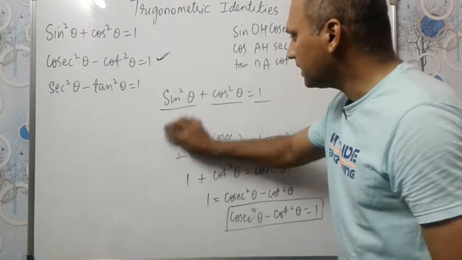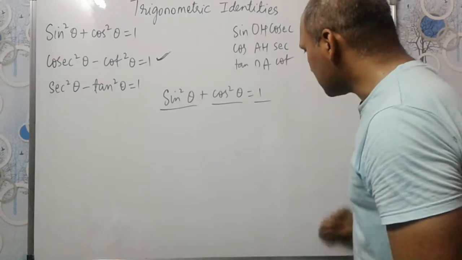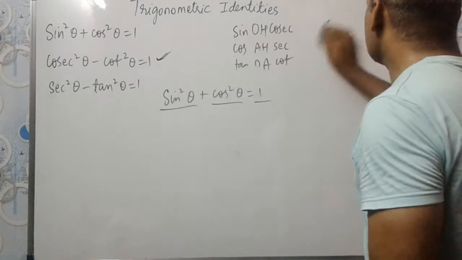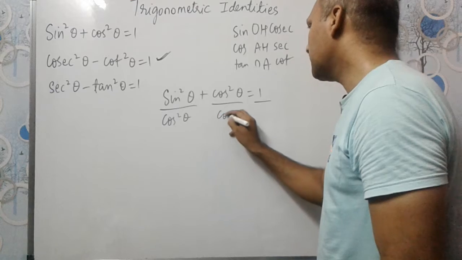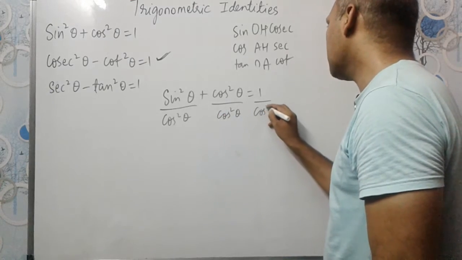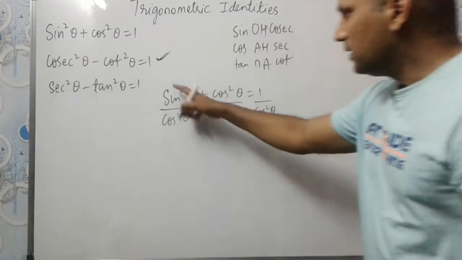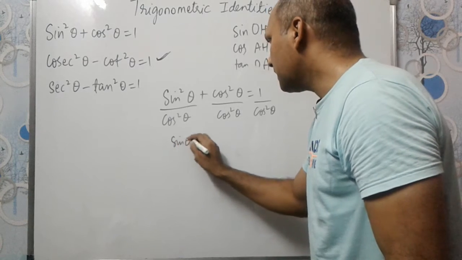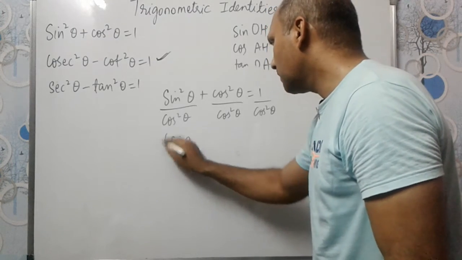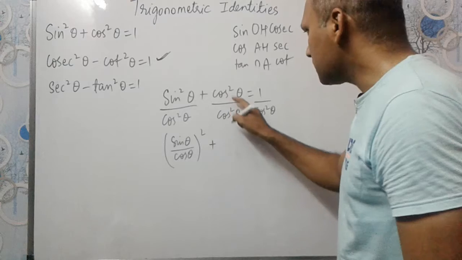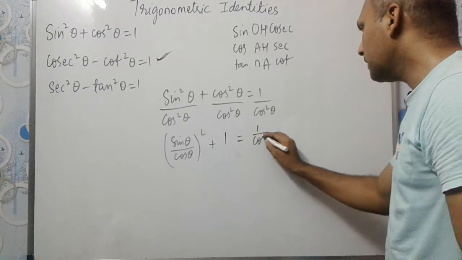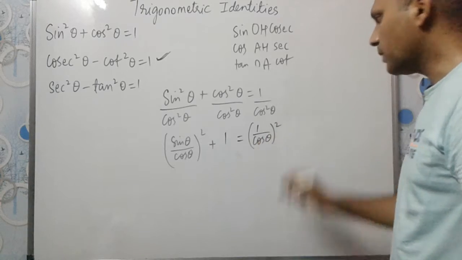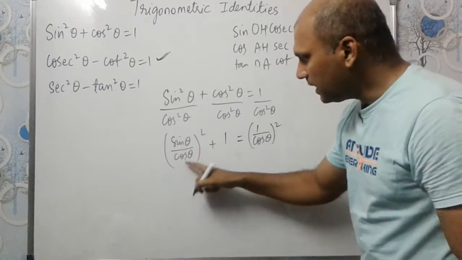See, to derive the second identity, we divided both sides by sin square theta. Let us divide both sides by cos square theta. Cos square theta here, cos square theta here, and cos square theta here. So this will be sin theta by cos theta whole square. Cos square divided by cos square is equal to 1. This is 1 by cos theta whole square. What is sin divided by cos?